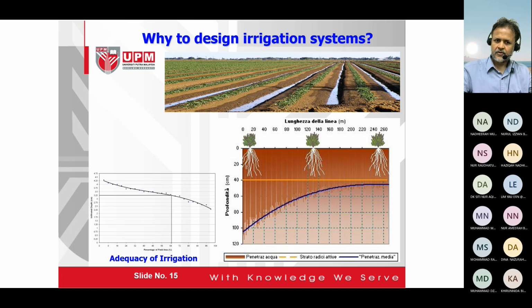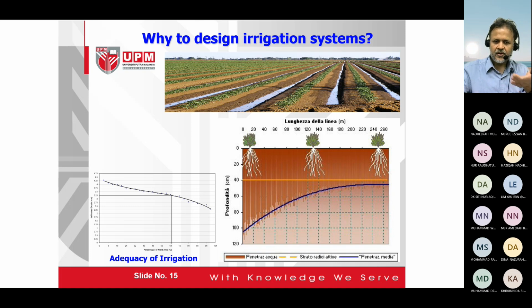Okay, if I draw, so this is the water here. Let's say this one, and this one also has water here. When you supply water here, water will shift like this.